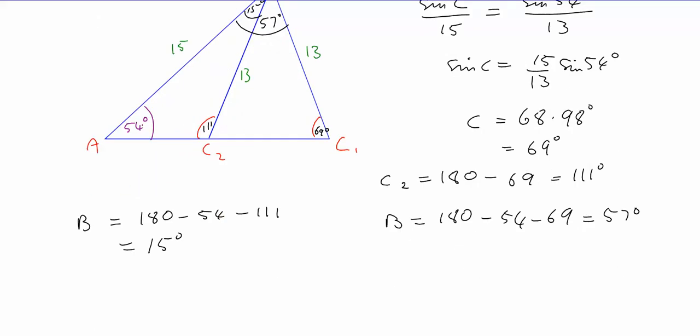We now need to find side AC. There's two possible cases. For AC2, we would use the sine rule again and say AC2 over sine of 15 degrees, because it's 15 in the smaller triangle, is equal to 13 over sine 54.